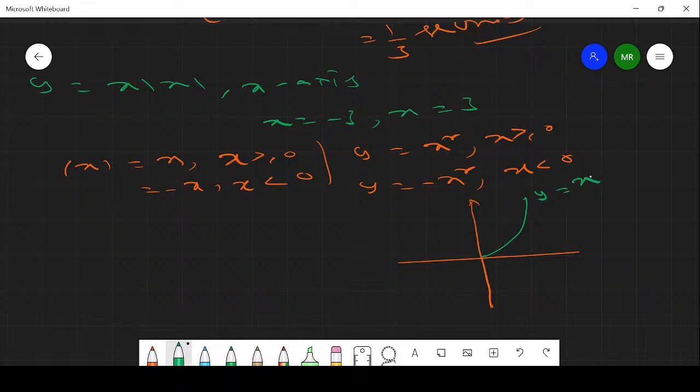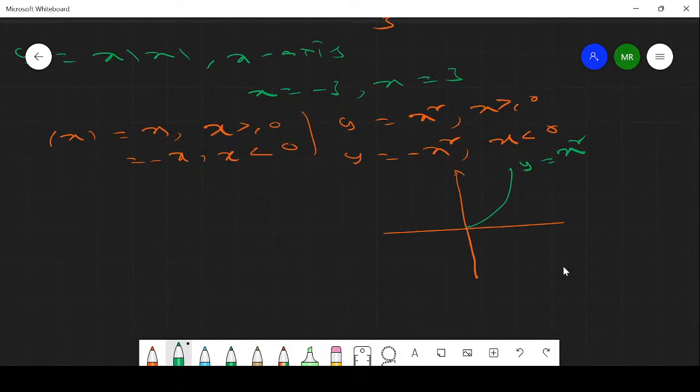But for the negative side, x less than 0, y equals minus x square, a downward parabola that opens downward. We know this is the origin. When they talk about the negative side, the parabola will come down like this.